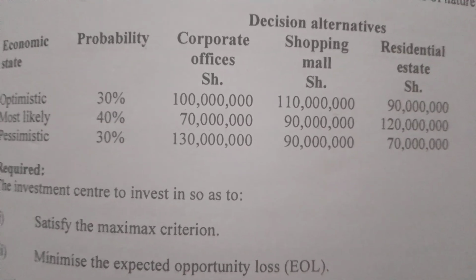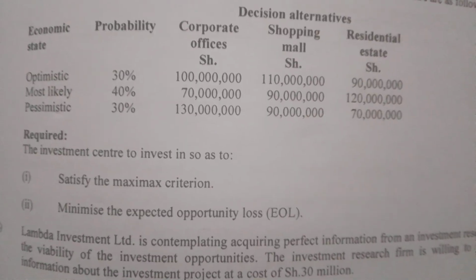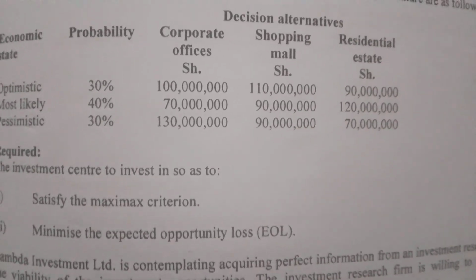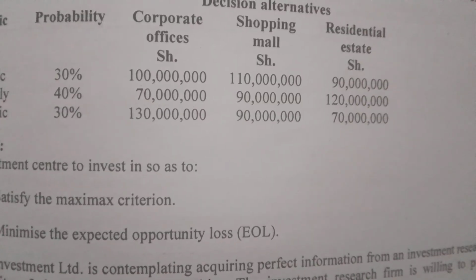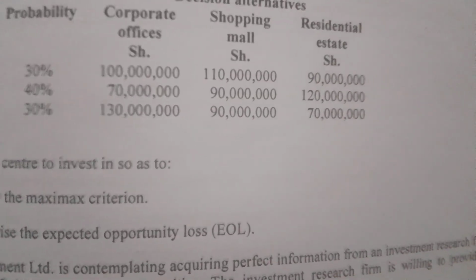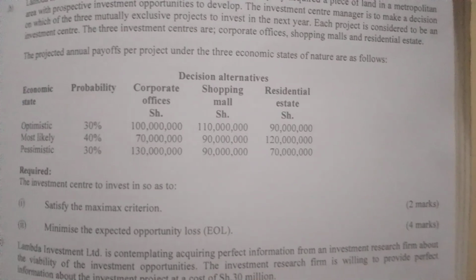For corporate office, you take 0.3 times 100 million plus 0.4 times 70 million plus 0.3 times 130.